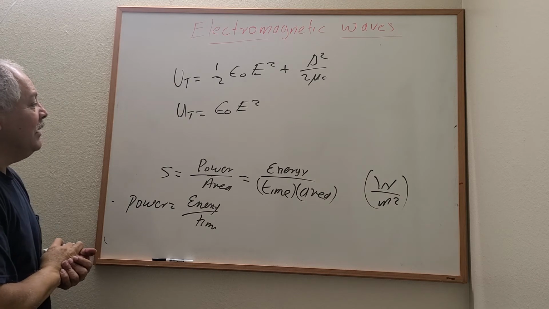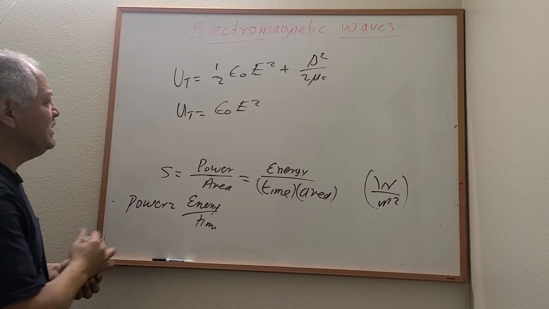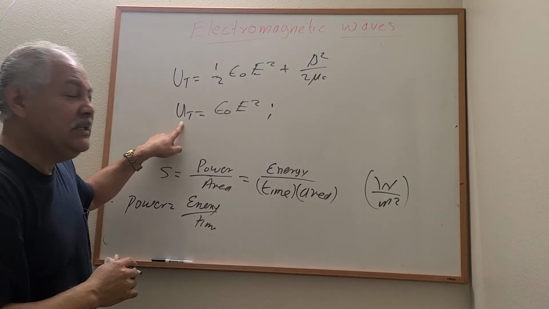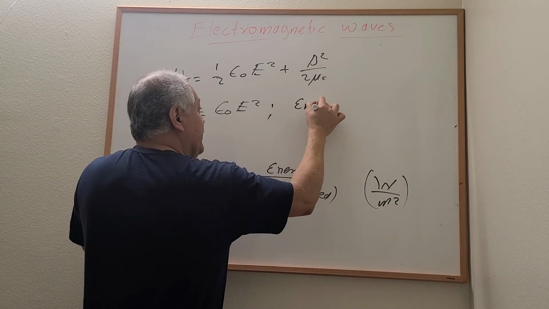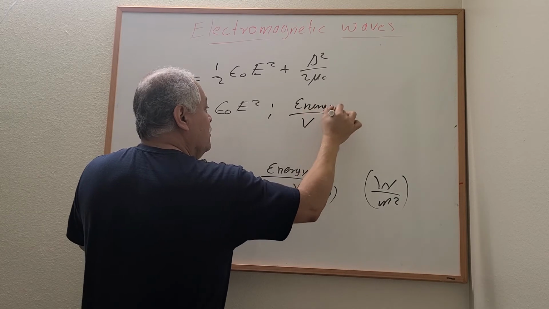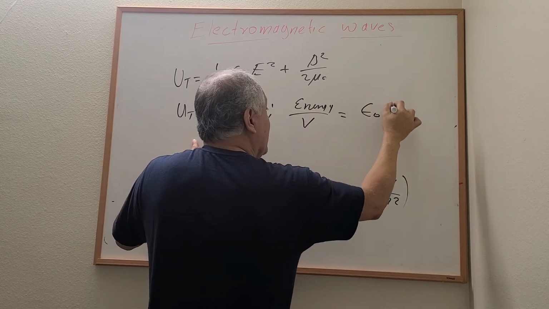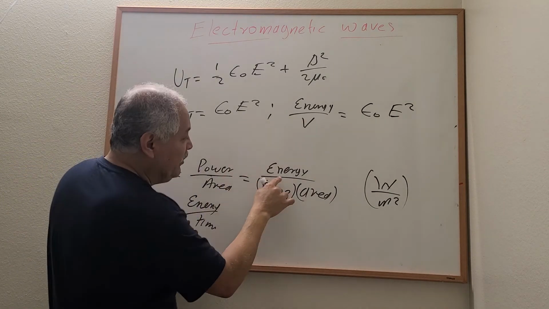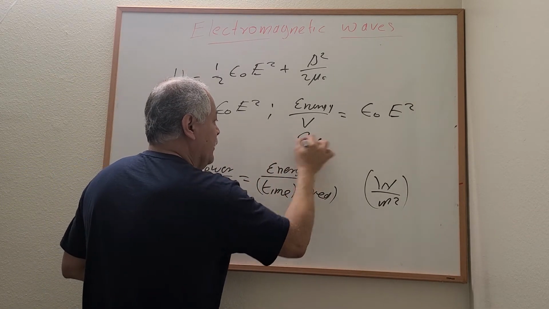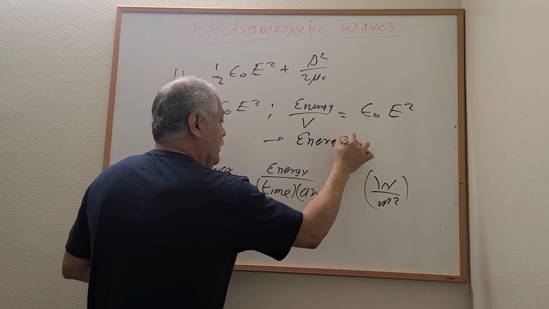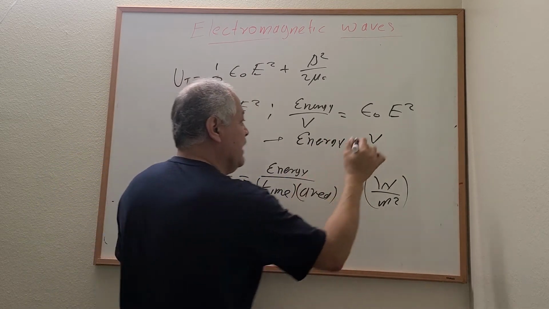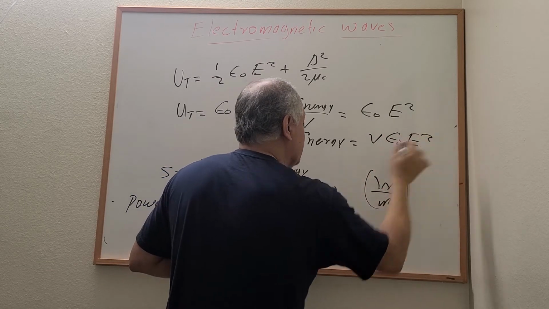Correct? Now, let's see what happens. How do we define this energy density? It's going to be energy per volume equals epsilon naught E squared. From here, because we're dealing with energy, energy equals volume times epsilon naught E squared.